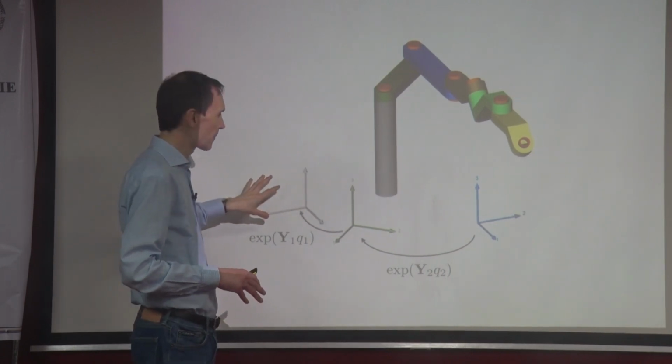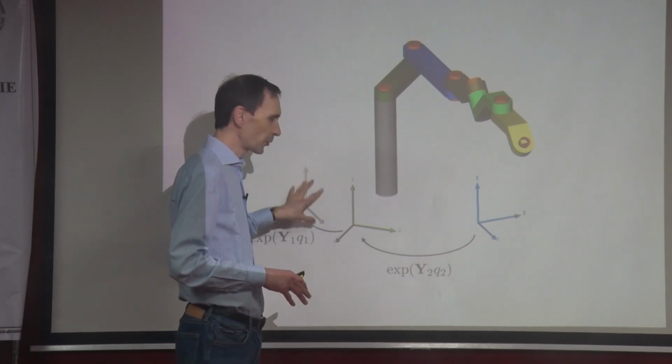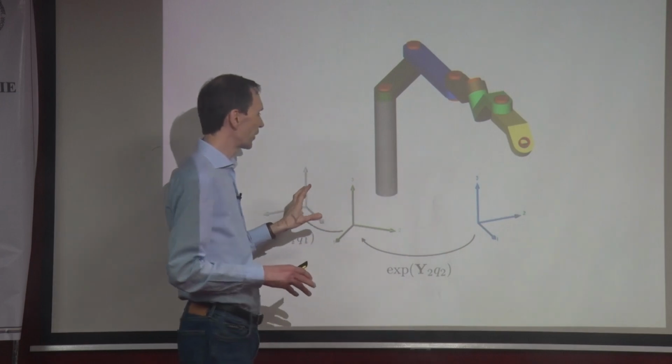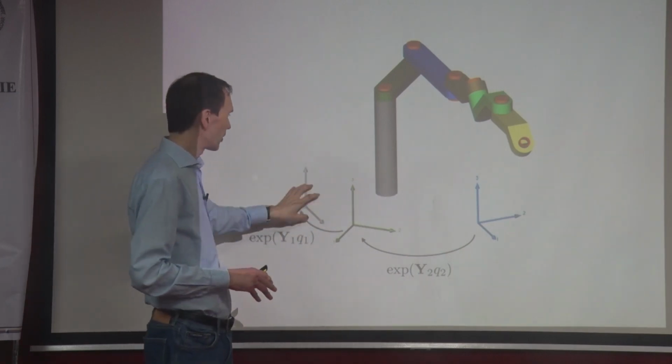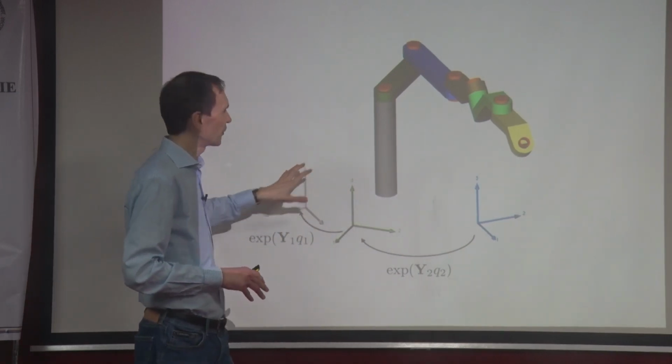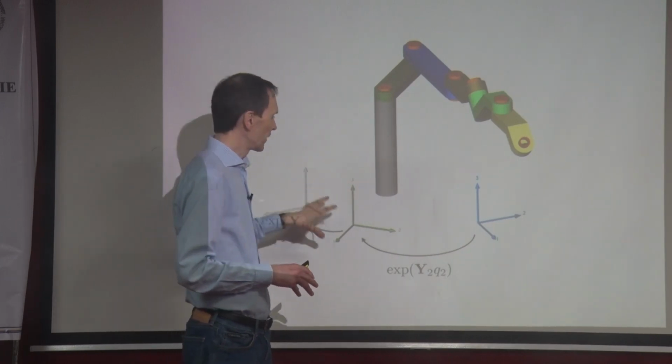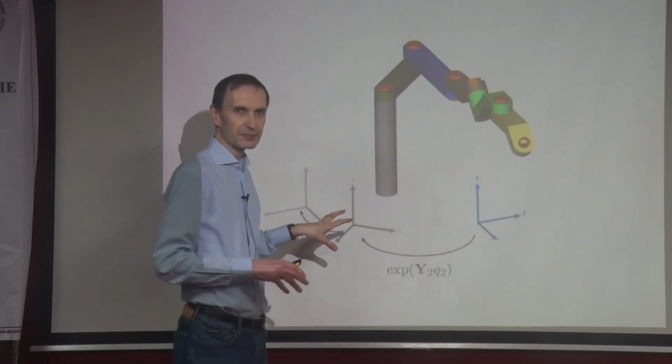And that's why, of course, all the exponentials are describing the relative motion of a copy of the inertial frame that is attached to the respective body, but it's the relative motion.